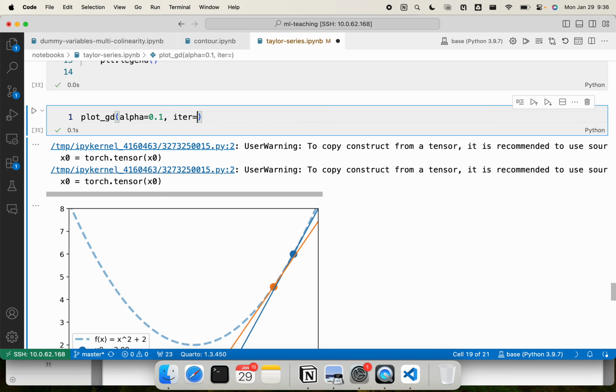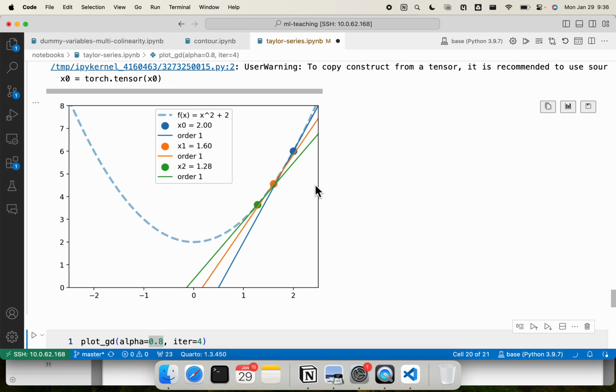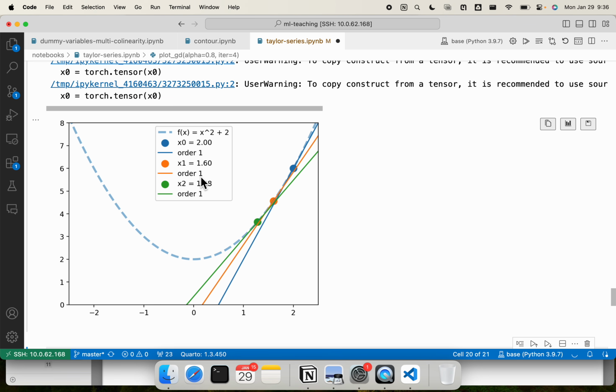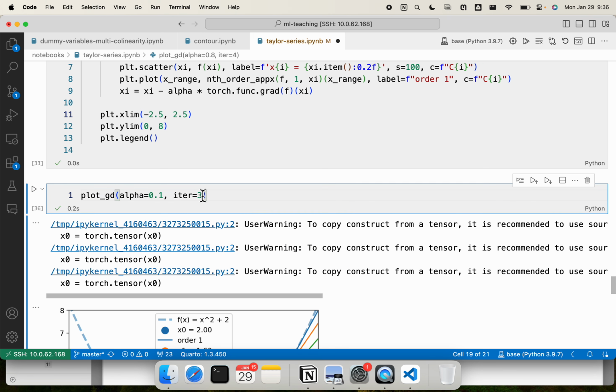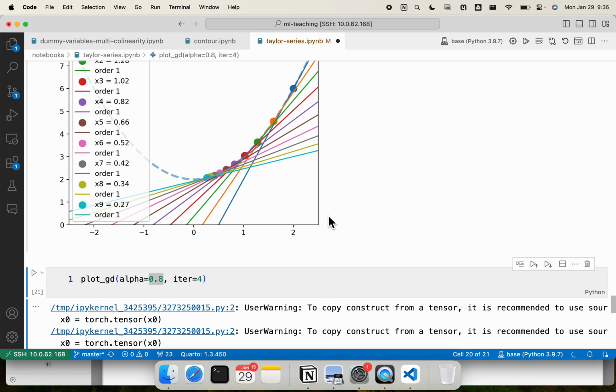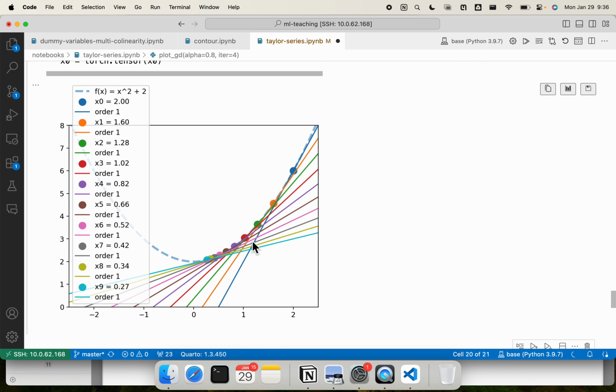If I were to do this for another iteration, you can now see that I have moved from 2 to 1.6 to 1.28, and the functional value has also changed. If I do this for 10 iterations, you are seeing all these approximations.